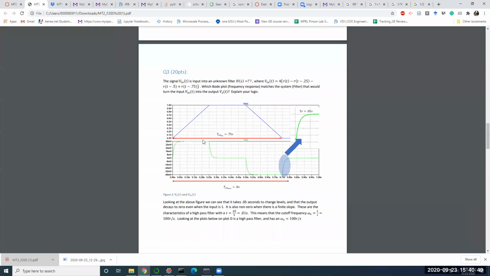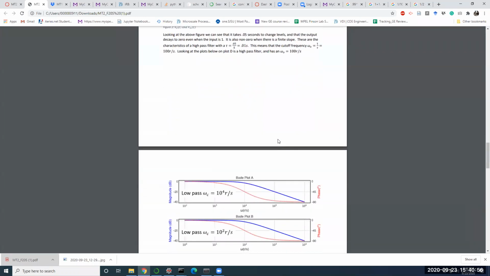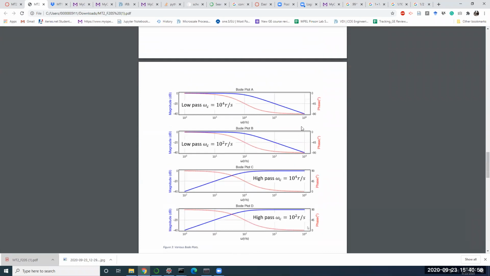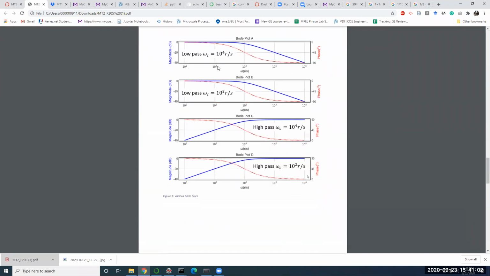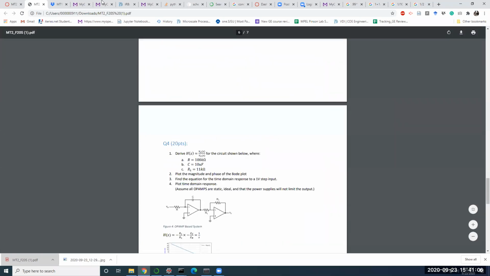But here's a question where I'm asking you to interpret a result, okay? It doesn't lend itself. Or sometimes I'll say, here's the input, here's the output, you tell me the Bode plot. So it is kind of like tying it all together.